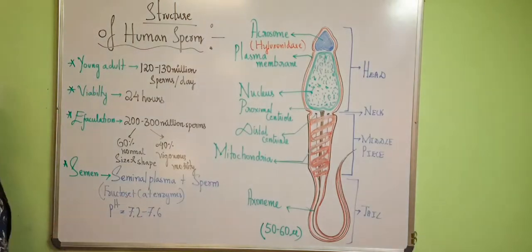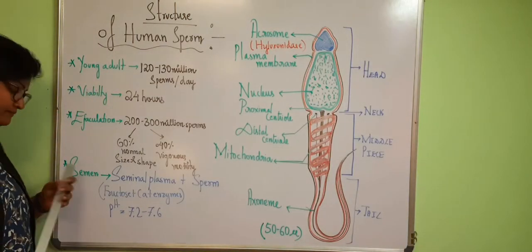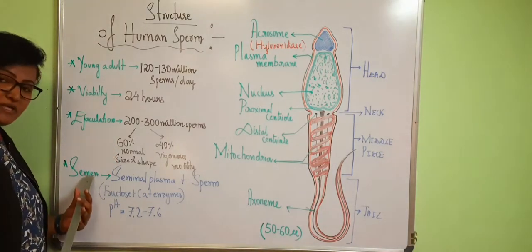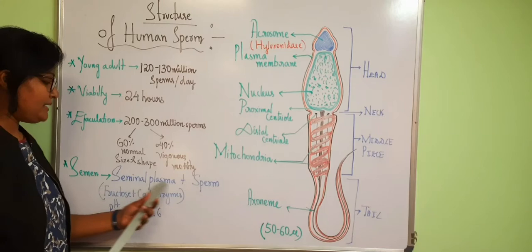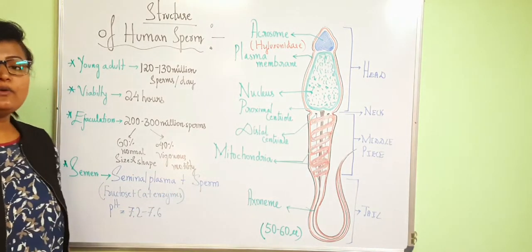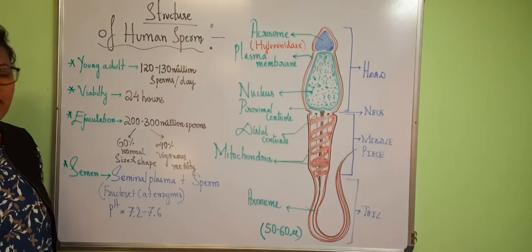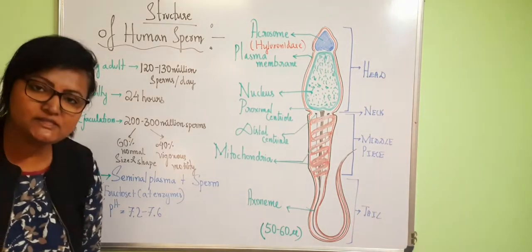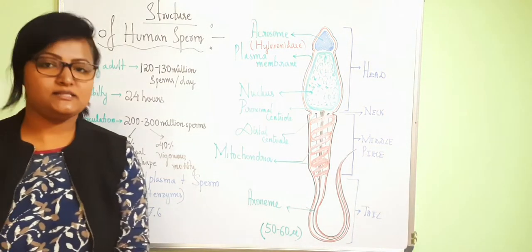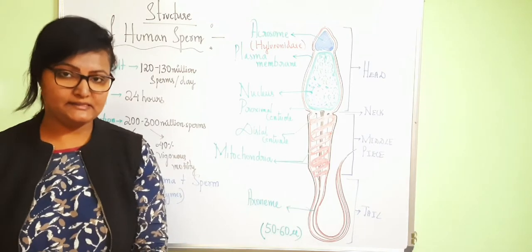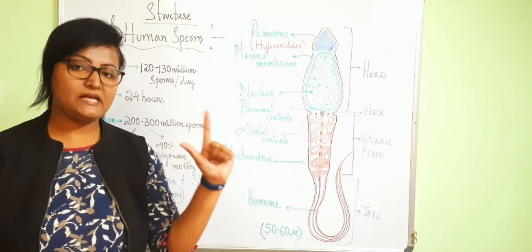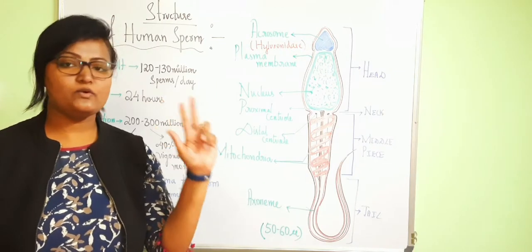And already we know that during ejaculation they ejaculate semen. What is semen? Seminal plasma and sperm together are called semen. What is seminal plasma? As we have studied in the male reproductive system, along with the accessory ducts there are accessory glands: a pair of seminal vesicles, a pair of bulbourethral glands, and the prostate gland.